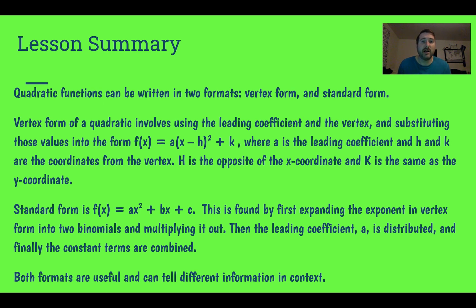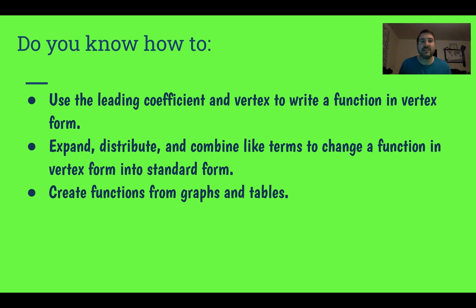Both formats are useful, and they can tell you different things in context, which we will look at in the next lesson. After this lesson, do you now know how to use the leading coefficient and vertex to write a function in vertex form?